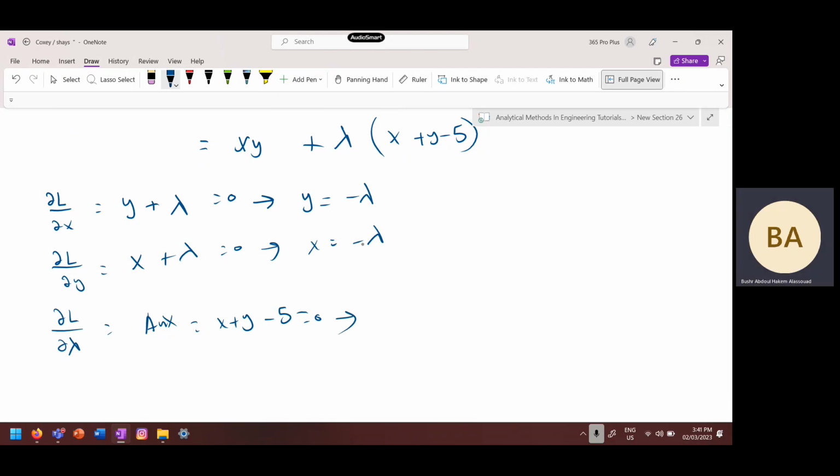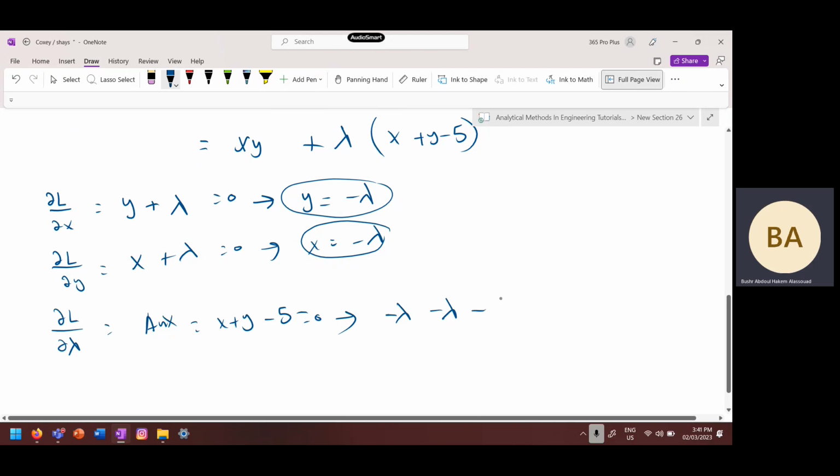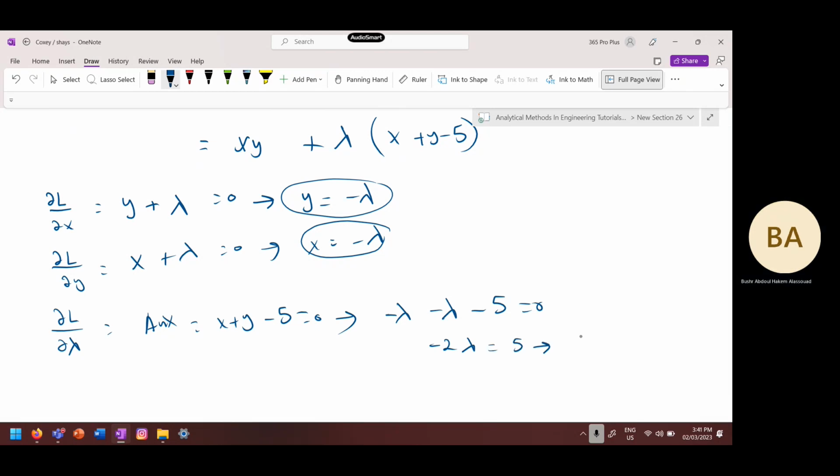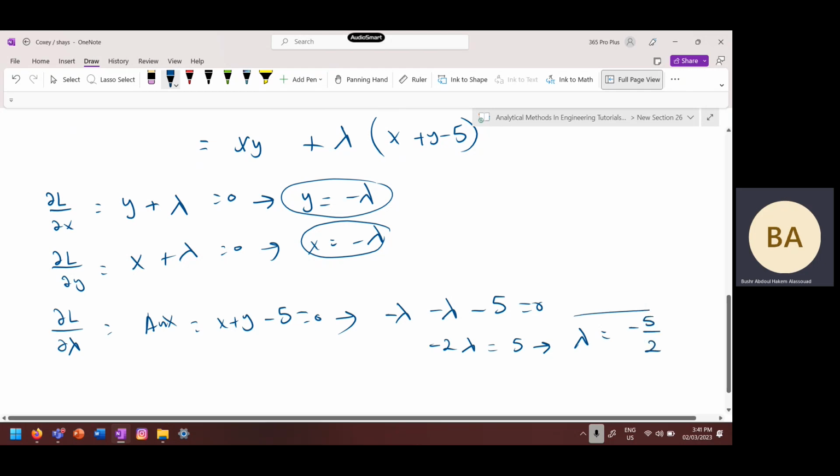Now plug in the new values that you have. So you'll have negative lambda, negative lambda, negative 5 equals 0. So you'll have negative 2 lambda. Take the negative 5 to the other side, you'll have a 5. Then lambda is equal to negative 5 over 2.